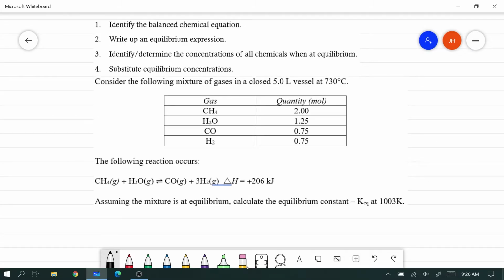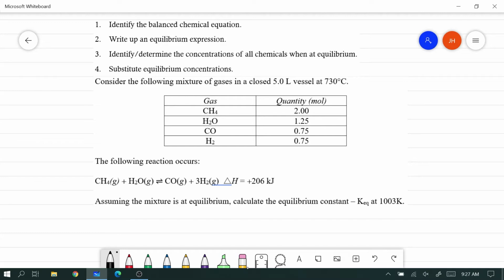So for this first question, what we have is a mixture of gases, methane, water, carbon monoxide, and hydrogen gas. And they're inside a closed vessel, which means that they can form equilibrium because we're not going to be losing or gaining any reactants or products. And the vessel is 5 liters.